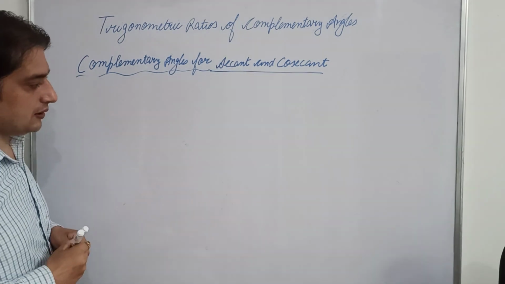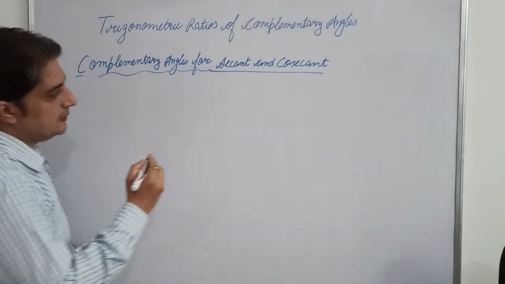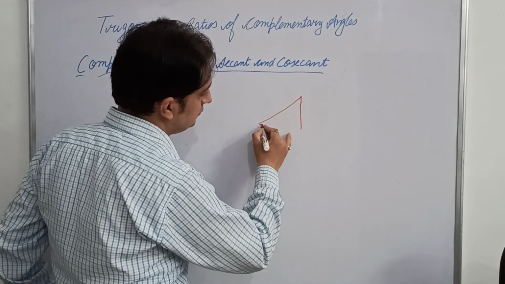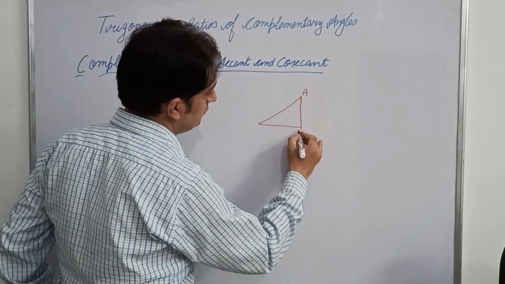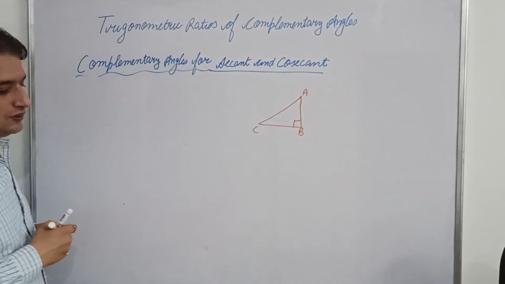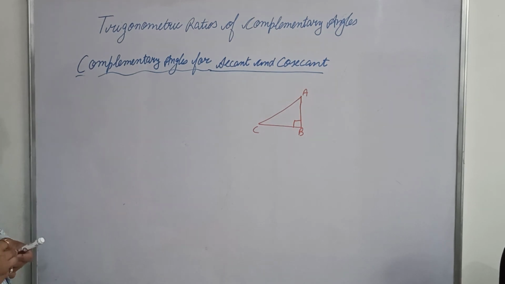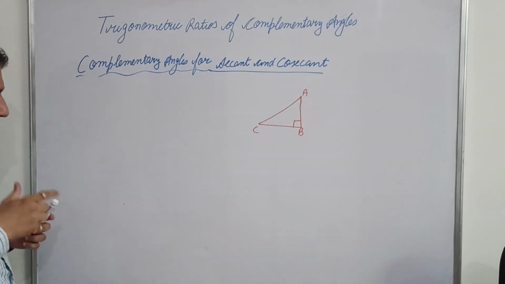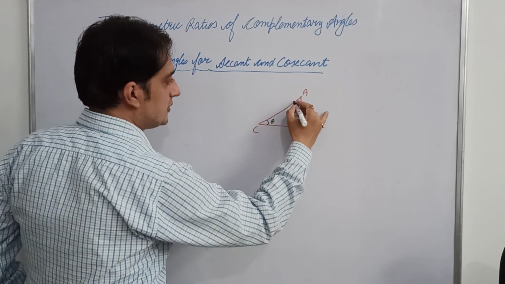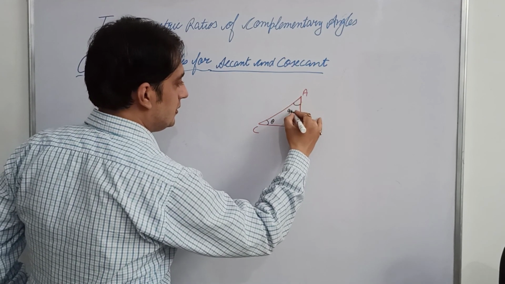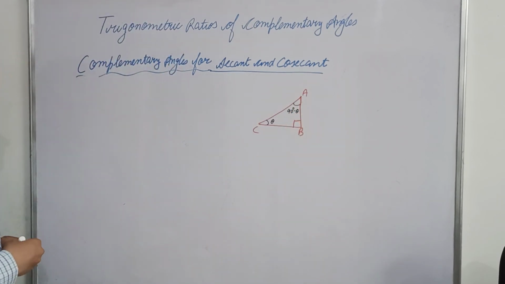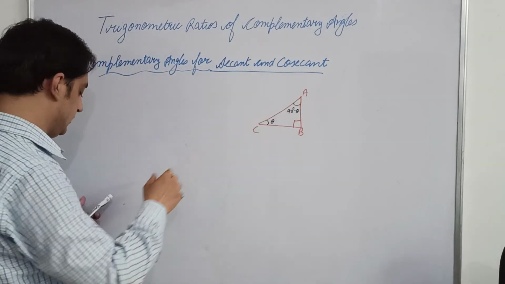Again consider a right triangle ABC, right angle at B. Now if I take this angle theta, what is this other angle? Yes, 90 degrees minus theta. So this is the complement of angle theta.